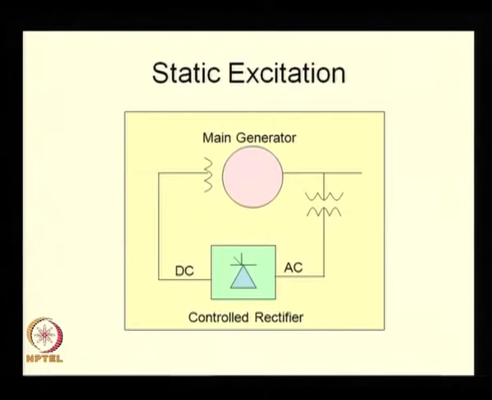As a result you will get no AC voltage at the terminals of a controlled rectifier, and the DC voltage will also be 0. So, this whole system may not work. But actually, if you look at it, it is some kind of positive feedback system.